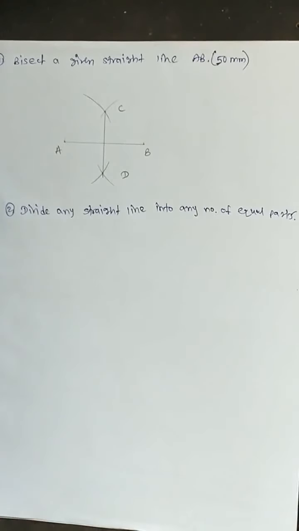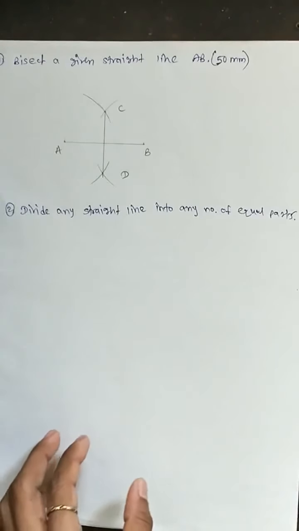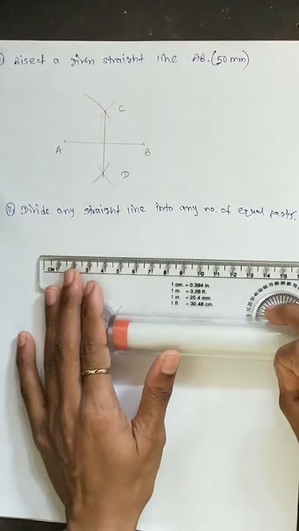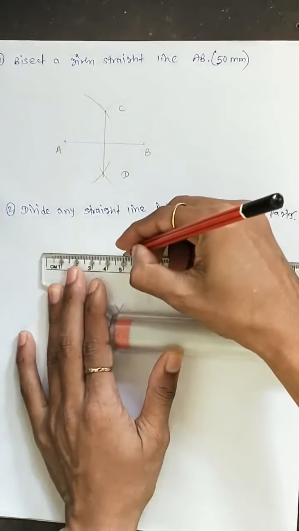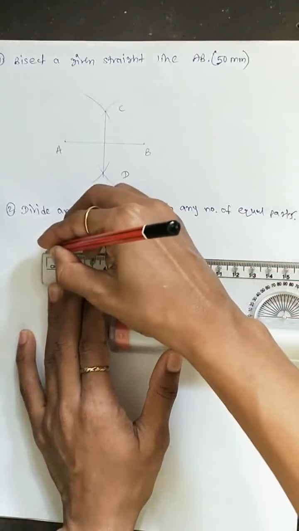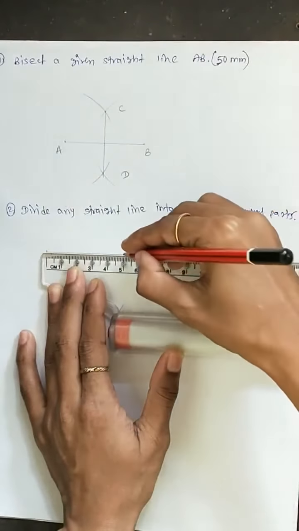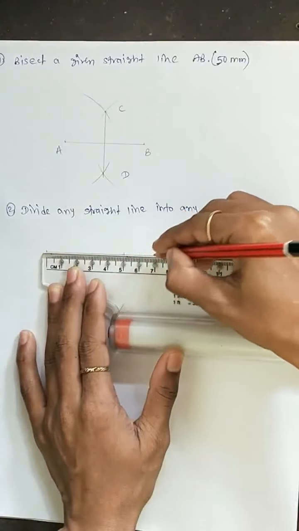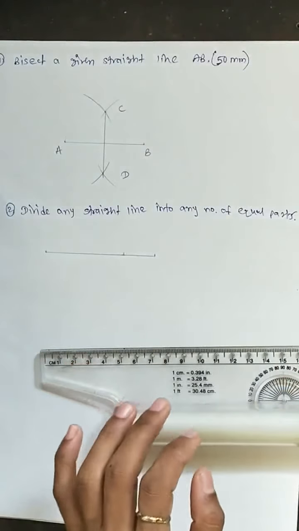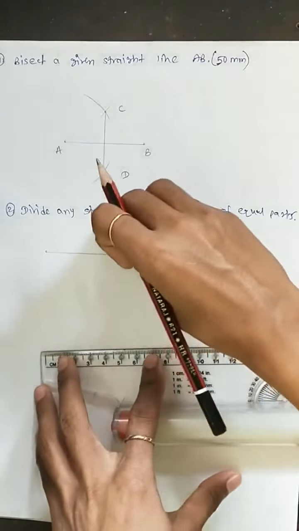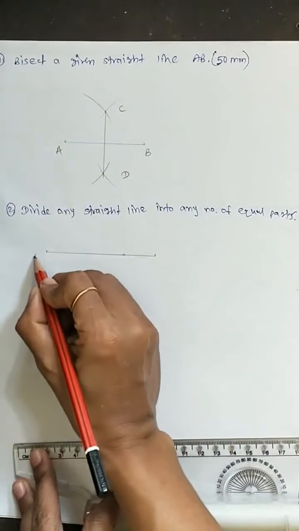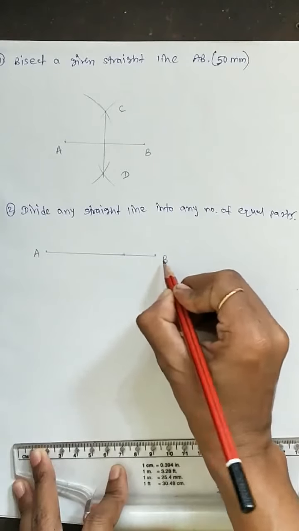So suppose I will take a line of 50 mm distance. Now I will take 70 mm distance, and give name to this point as point A and point B.